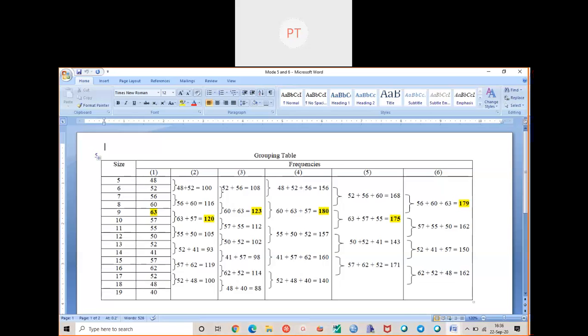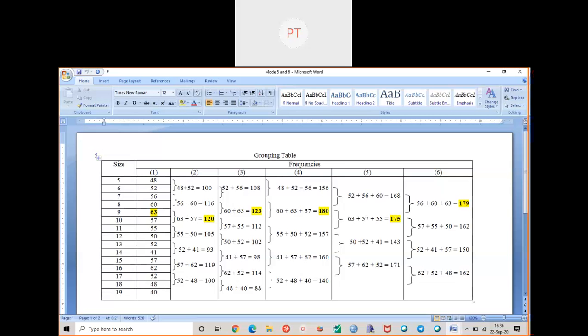But before that, let me take you to this page number. If you have the book with you, please open page number 323. Out there, the grouping method has been discussed. Page number may vary from your book. So there you can see this grouping method.